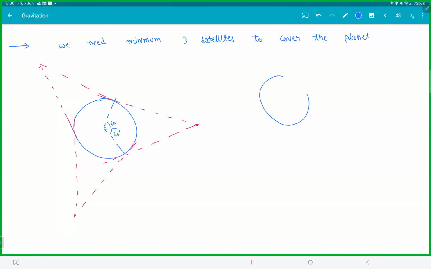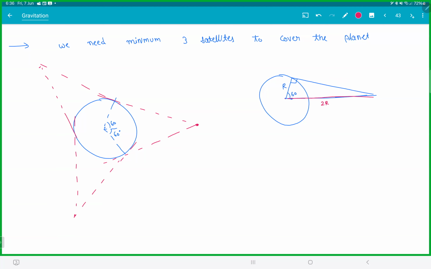So that means these satellites have to be placed at an exact distance. If this is R, this is 60, this distance has to be 2R.